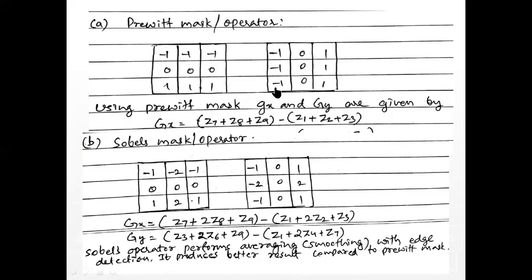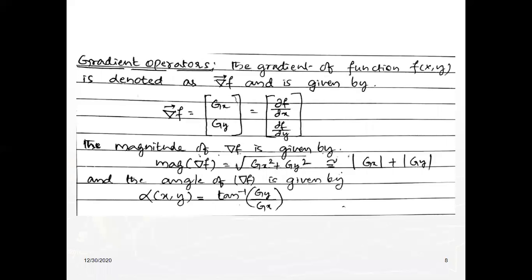This is how to calculate the gradient along the x and y directions using the Prewitt mask. Once you calculate Gx and Gy, you can calculate the magnitude, which is the square root of Gx square plus Gy square, and the angle, which is tan inverse of Gy by Gx.